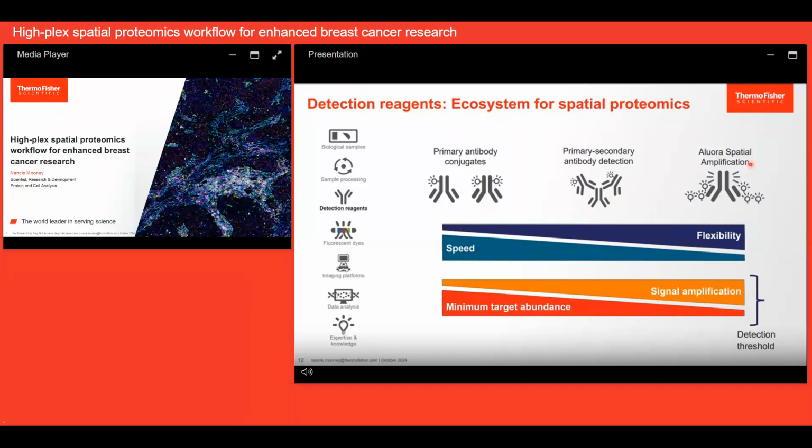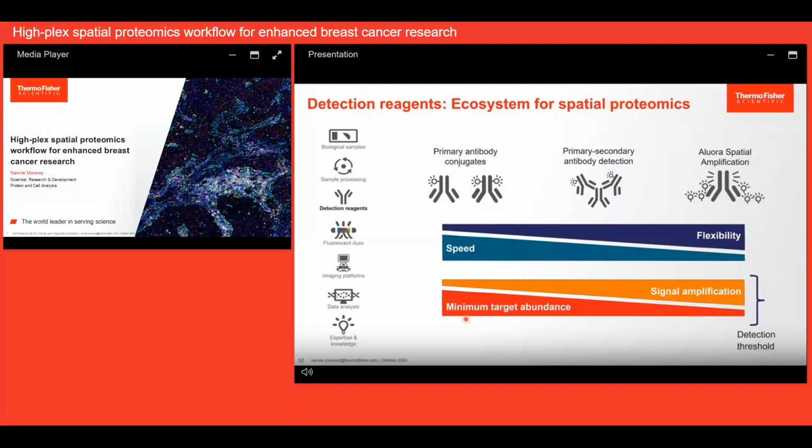The Alora spatial amplification can use any primary antibody that is mouse, rabbit, or biotinylated, giving you high flexibility. But because it's an iterative labeling strategy, it takes a little bit longer than the primary antibody conjugates. So these are things to consider when you're deciding on your detection system. The other thing to consider is the detection threshold and your target abundance.